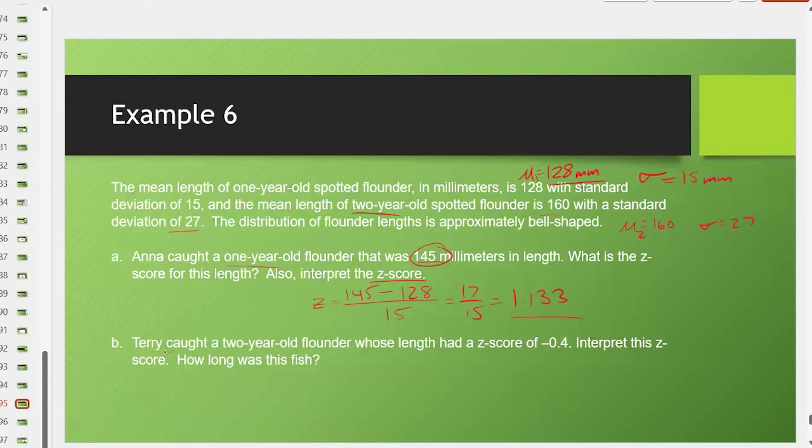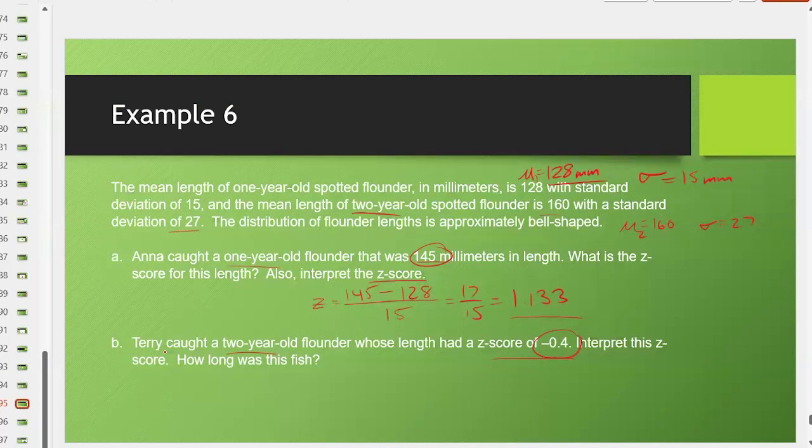Now that can tell us something about percentages, but we're going to talk about that in just a second. If we catch a 2-year-old flounder who has a z-score of negative 0.4, what does that z-score mean? Well, that z-score means that it is 0.4 standard deviations below the mean.